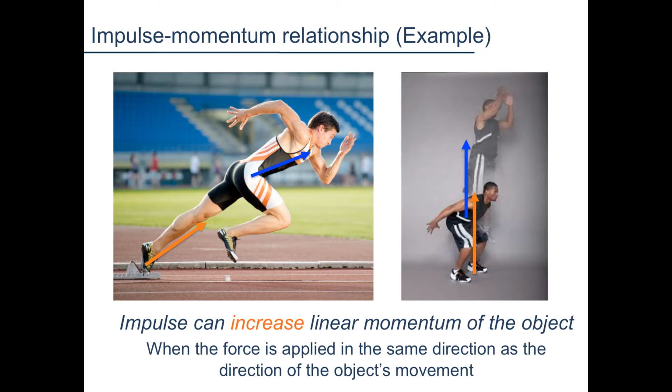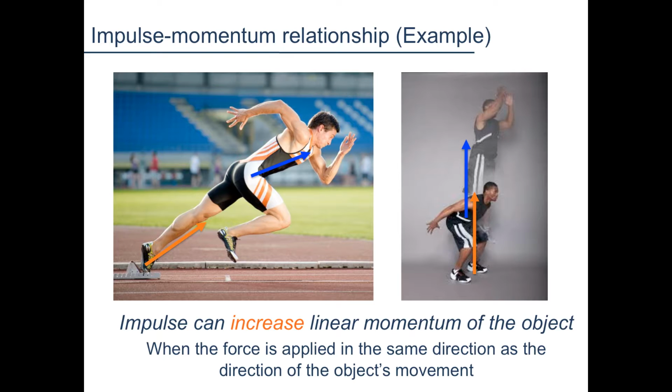In return, the starting block pushes the sprinter forward and upward. The total amount of push or force applied to the person over the brief time that the sprinter pushes off the starting block is the impulse applied to the sprinter. This impulse causes the sprinter's body to gain momentum in the same direction as the force applied to him.